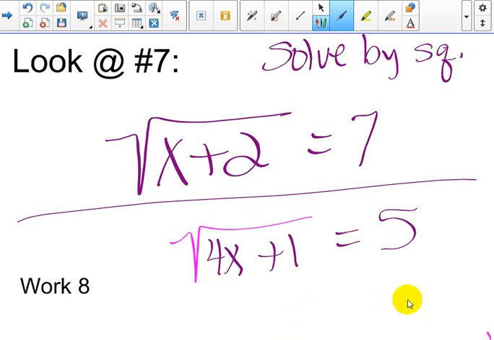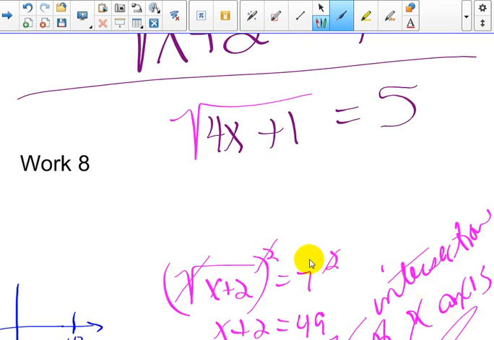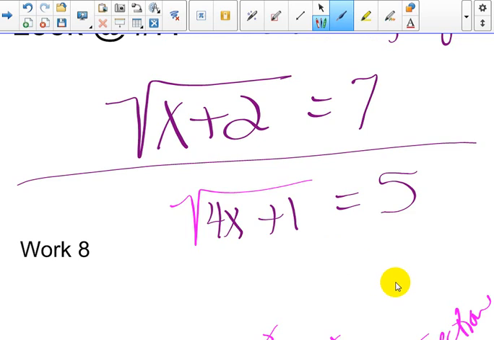So work that quickly, and then we will move on. It says if you can't find a solution, state no solution and explain why, but both of these are solvable, and your test will be solvable.